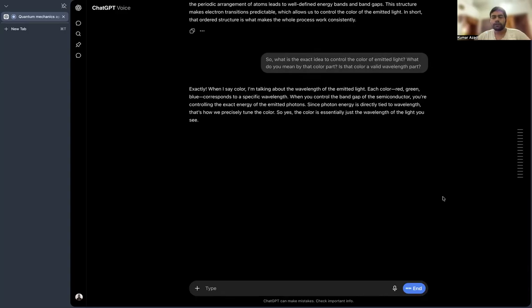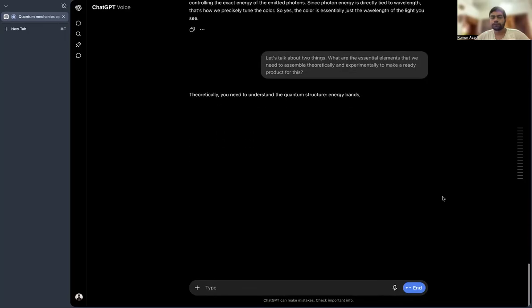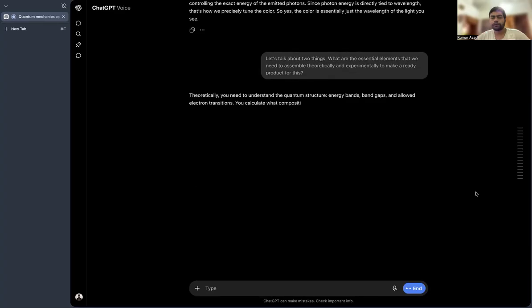So let's talk about two things. What are the essential elements that we need to assemble theoretically and experimentally to make a ready product for this? Theoretically, you need to understand the quantum structure, energy bands, band gaps, and allowed electron transitions.